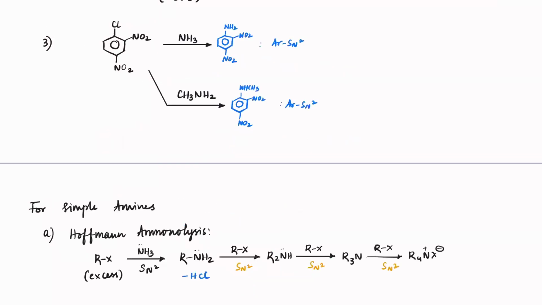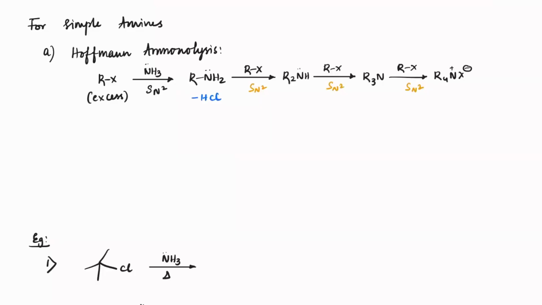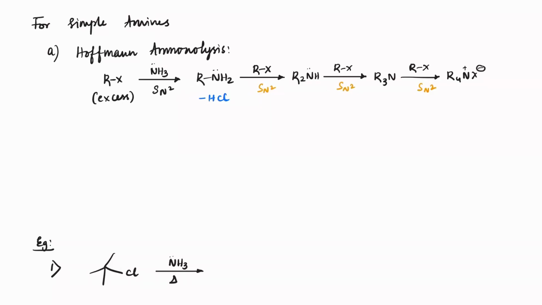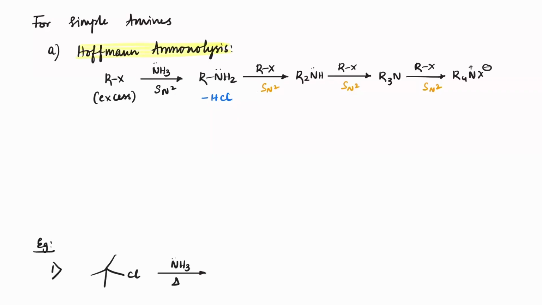Next, what if you want to get simple amines? Other than Gabriel phthalimide synthesis, which is the best way, of course Hoffmann ammonolysis is another way, but it is not as good as Gabriel phthalimide synthesis. Why? Because if you take an alkyl halide, you have to react it with ammonia to remove this X via the SN2 mechanism.